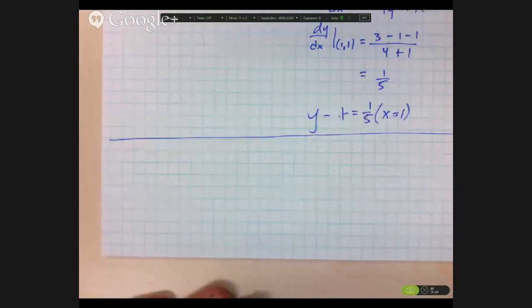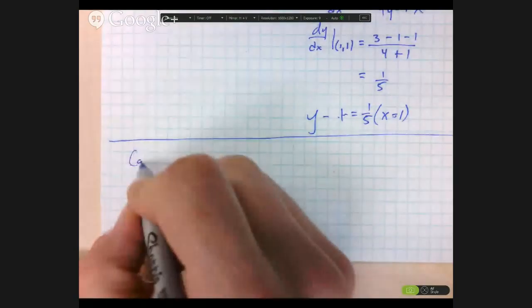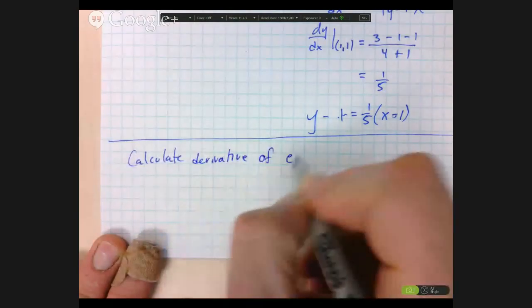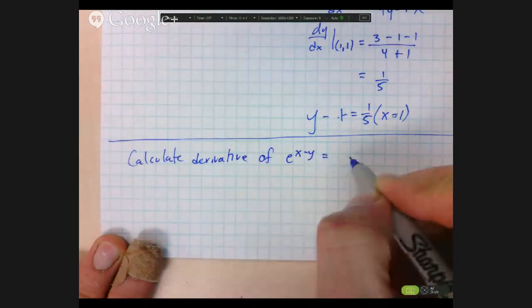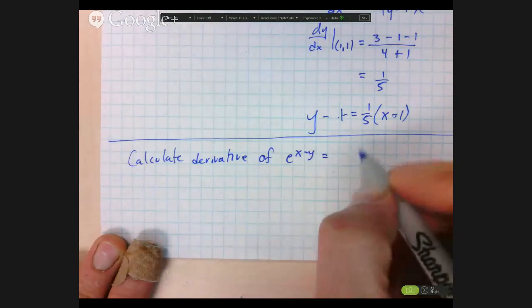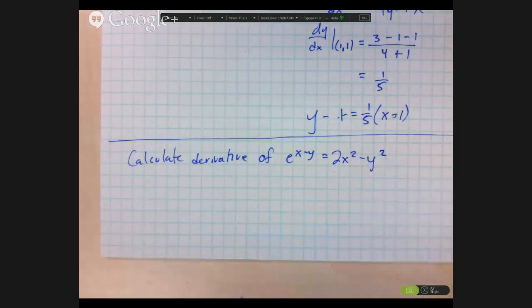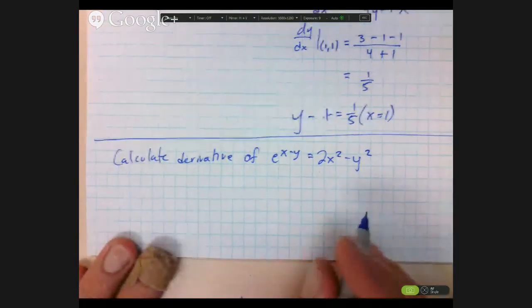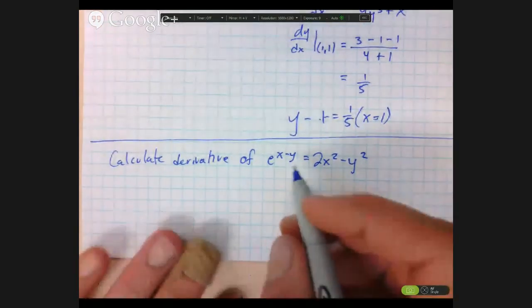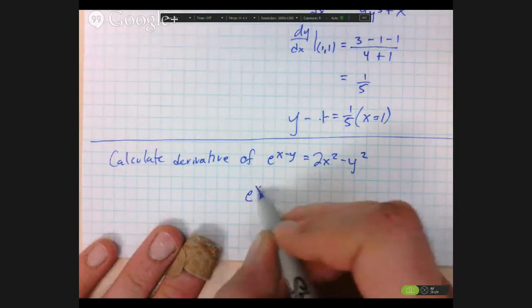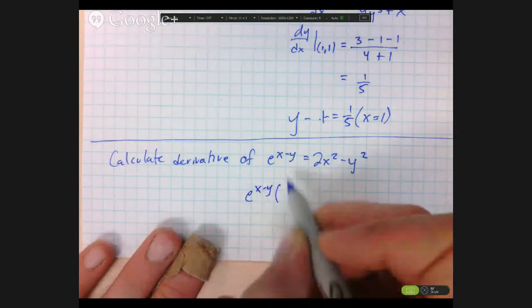I just want to show you another way to write it. This is not my preferred notation, but it is in the book, so you're probably going to want to know how to do it. What's the derivative of e to the x minus y? Derivative of the outside, copy inside. Now the derivative of the inside.